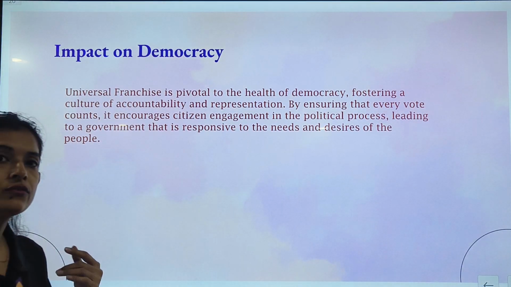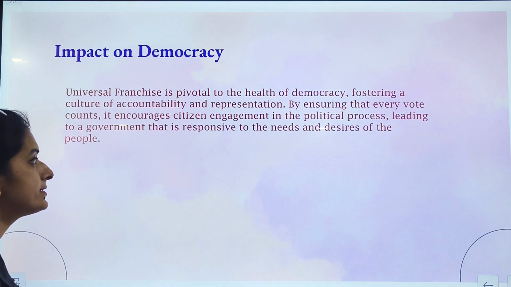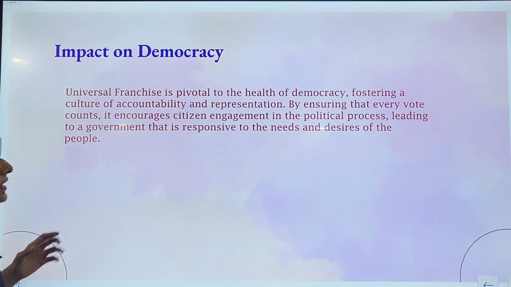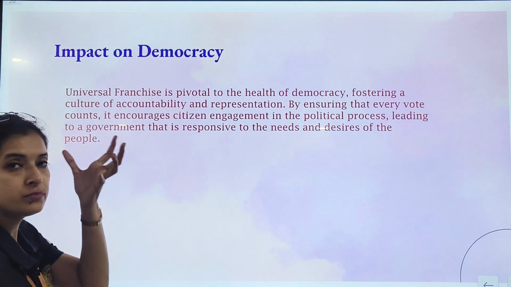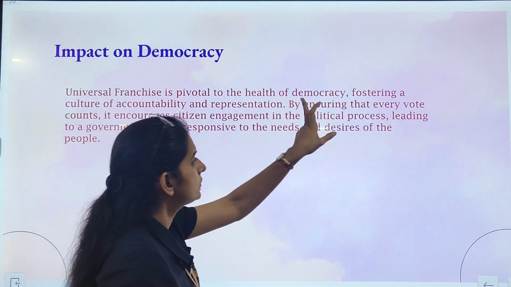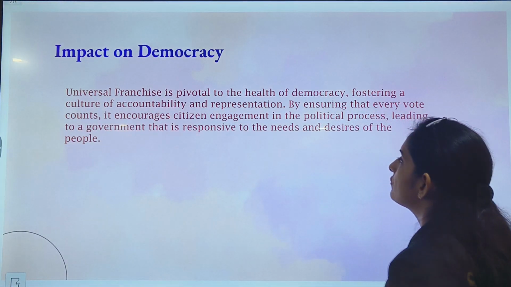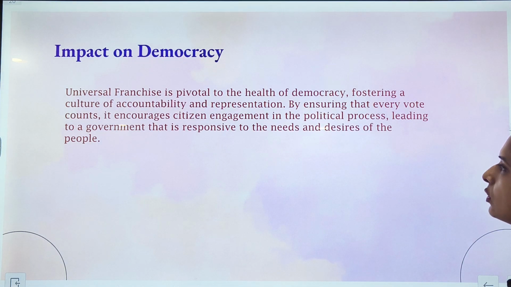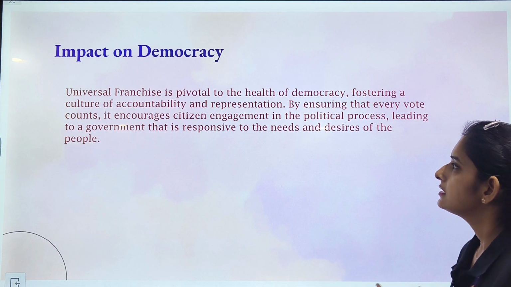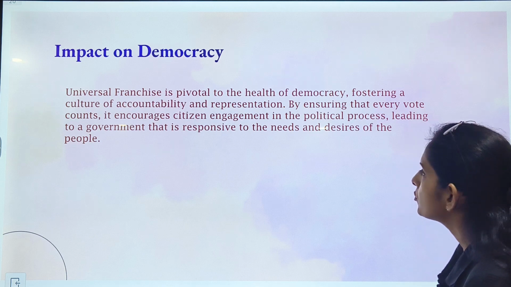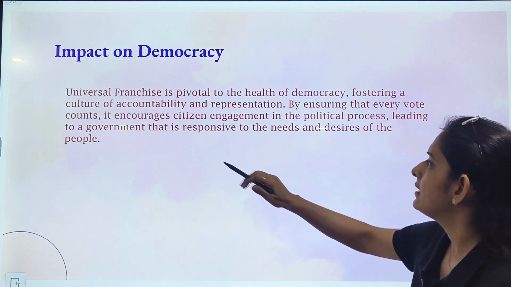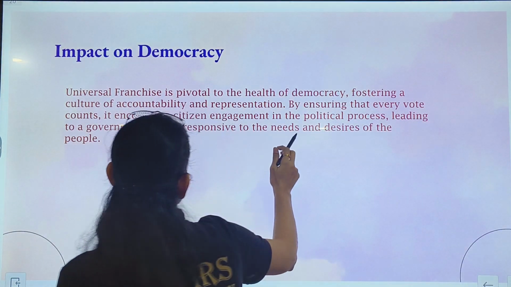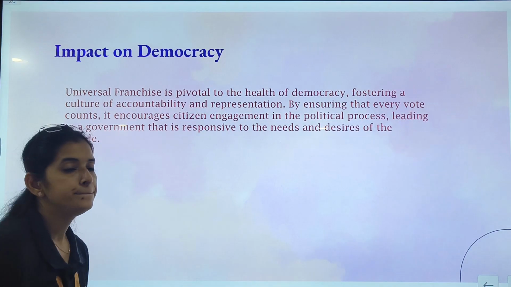What is the impact of universal adult franchise on democracy? Universal adult franchise is pivotal, meaning important, to the health of democracy, fostering a culture of accountability and representation. By ensuring that every vote counts, it encourages citizens' engagement in the political process, leading to a government that is responsive to the needs and desires of the people.